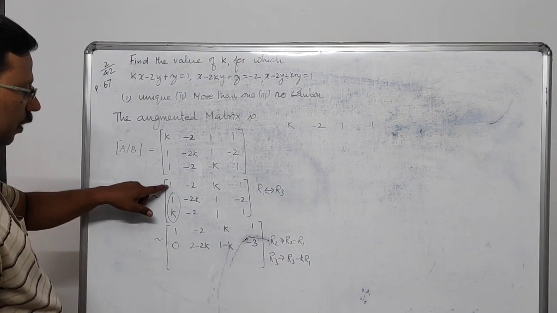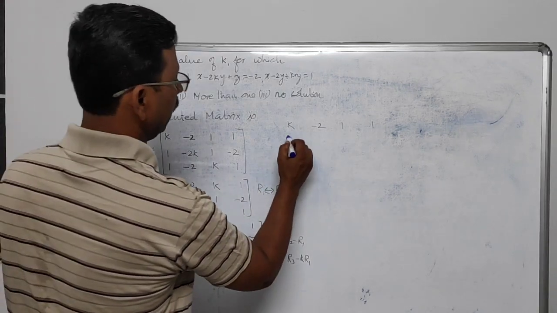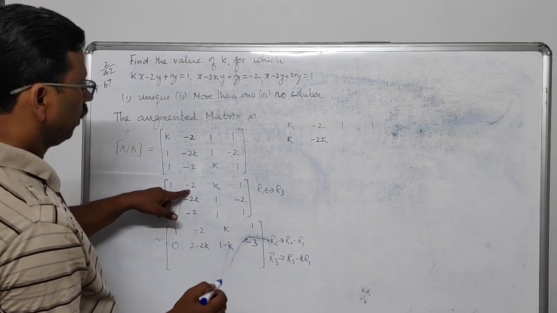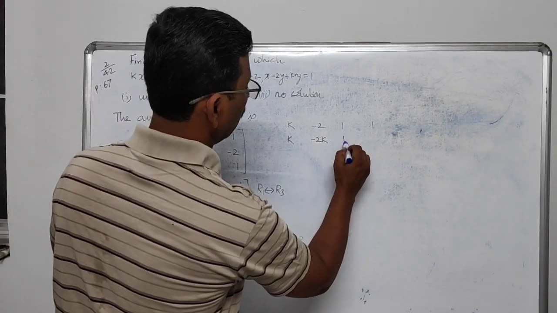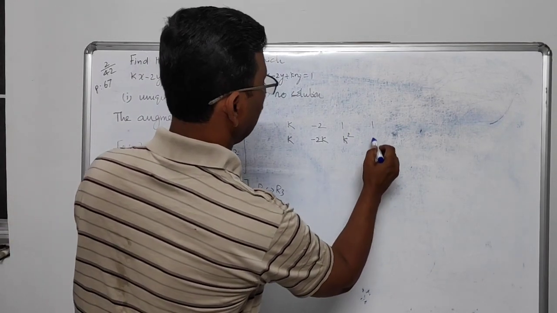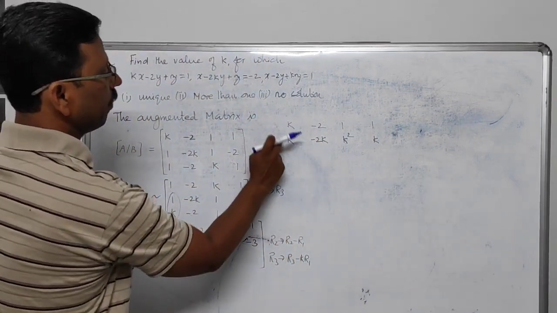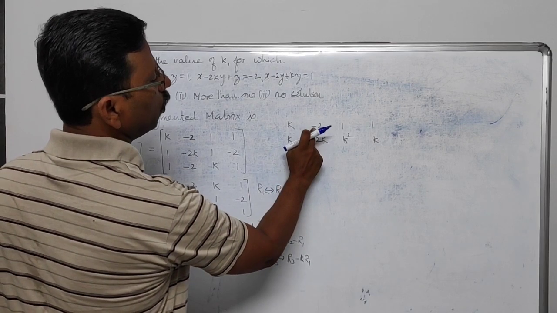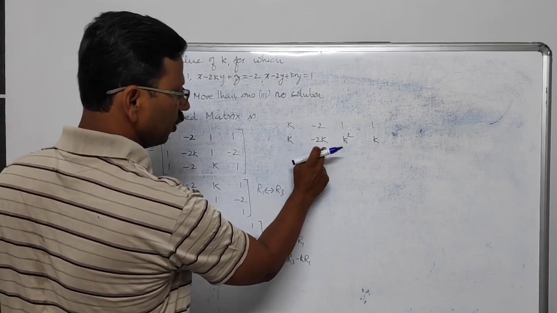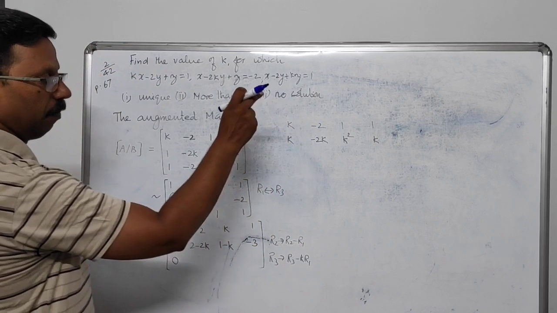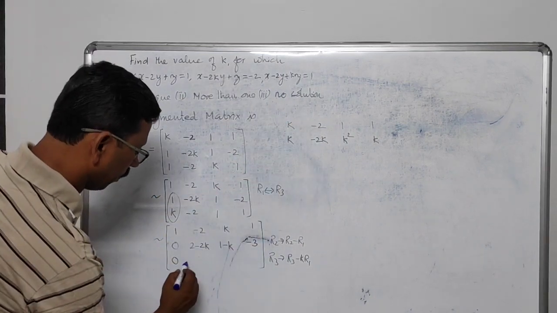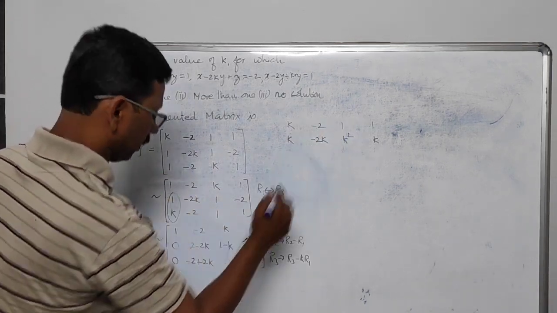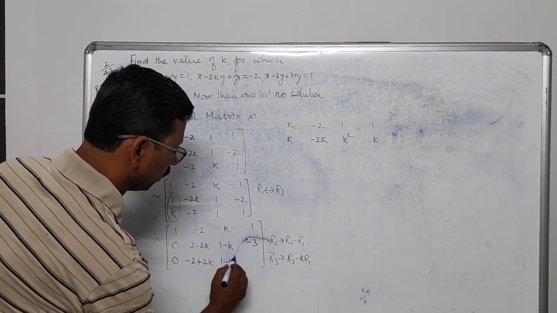Now this first row must be multiplied by K. You can write K, this will be minus 2K, this will be K square, and this will be K. Now we subtract. K minus K gives 0. Then 2 minus minus 2K becomes minus 2 plus 2K. Then 1 minus K square.